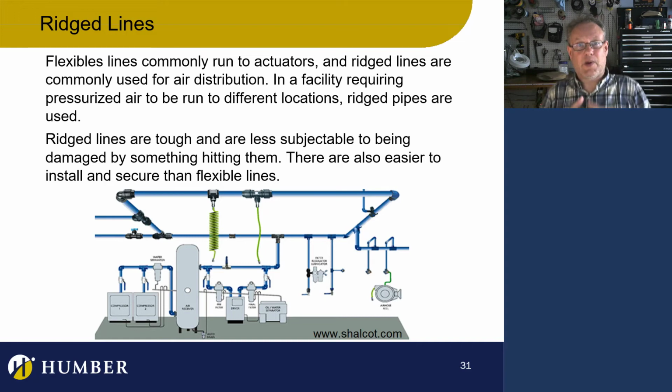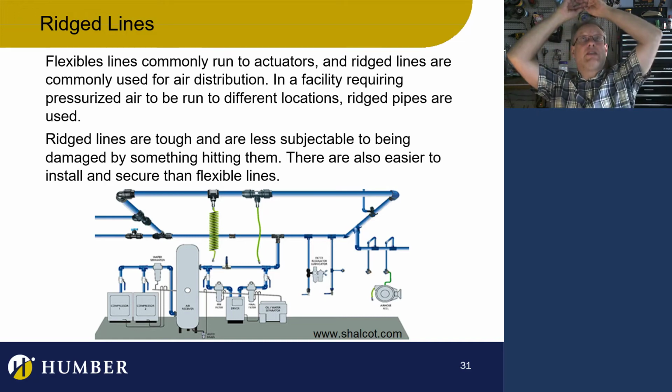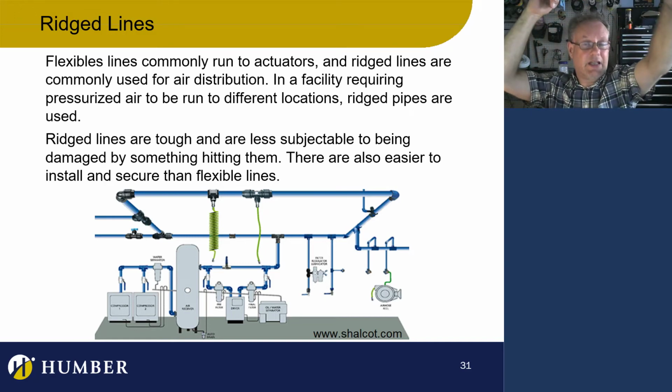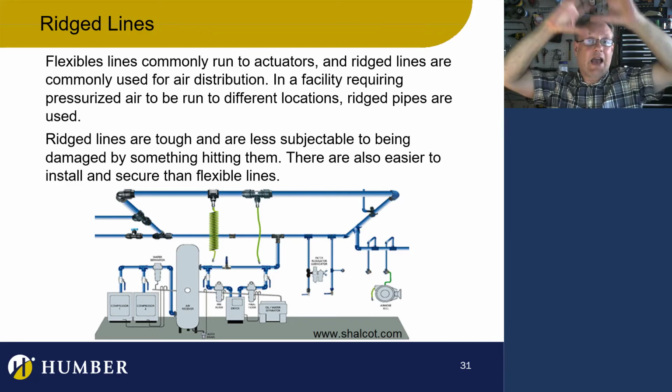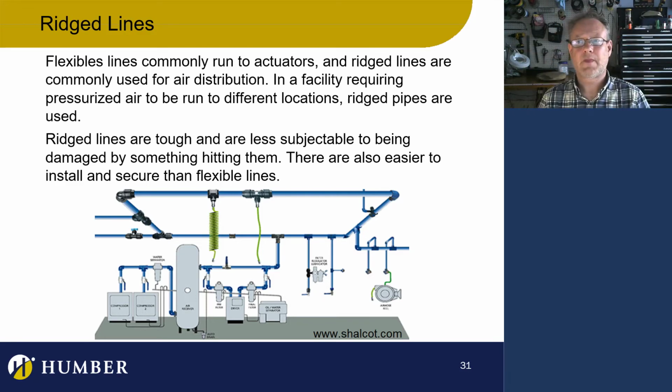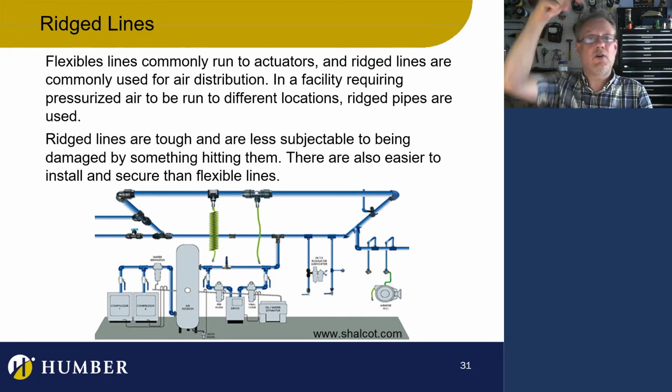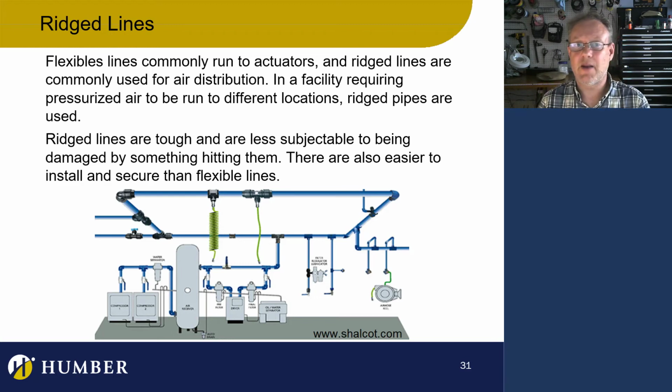So you have your compressor, you have these main pipes that go up to the ceiling and along the ceiling, and they're tied down or bracketed down. They don't have to be really accurate wherever they go. You just need to get them from A to B. Once you get to B, you drop them down into the environment, and then you can put a flexible line on, and the mechanic can put his tools on there.